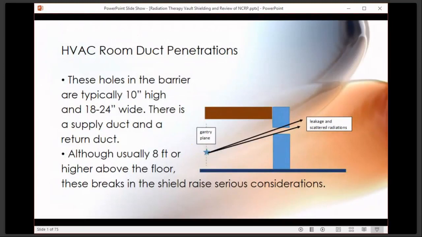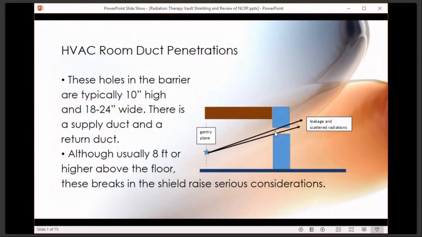HVAC, I know we've got 1 minute to go here. HVAC, basically heating, ventilation, and air conditioning, has to get into the room somehow. So there's typically an opening in the barrier that's 10 inches high and 18 to 24 inches wide.